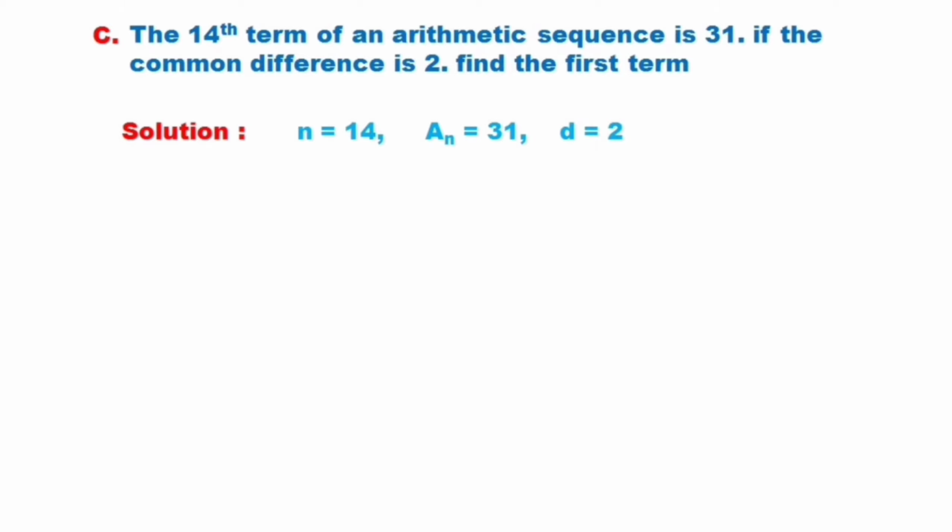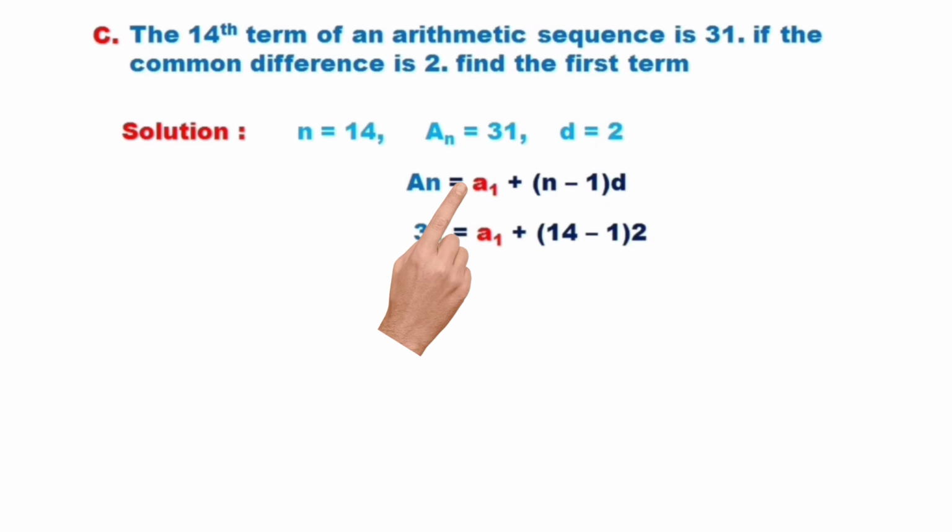From the given equation, a sub n equal a sub 1 plus the quantity of n minus 1 multiplied by d. So, substitute the given values. We have 31 equal a sub 1 plus the quantity of 14 minus 1 times 2.